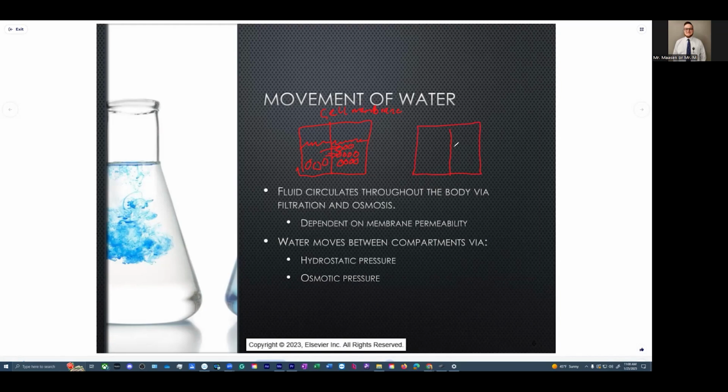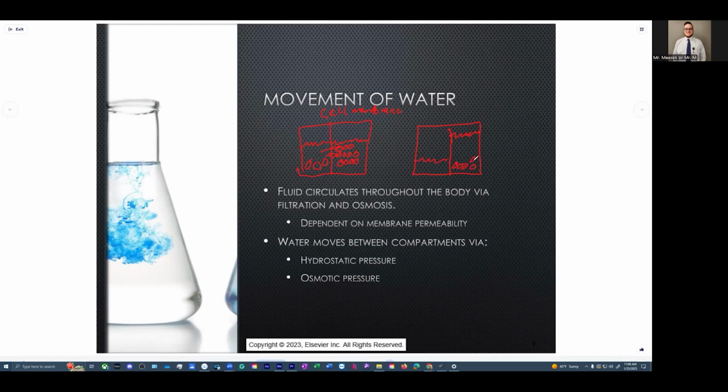So if we allow that to happen over time, what's going to happen? Oh, I didn't draw that correctly. Stand by. What's going to happen basically is that the water is going to rise on this side to try to equalize the concentration compared to the molecules.